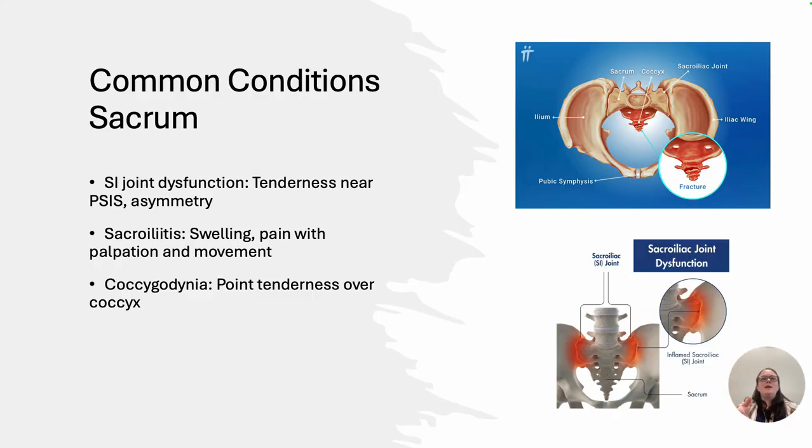A lot of times SI joint dysfunction also goes along with a pelvic tilt, either bilateral or unilateral, maybe something called an upslip, which is also an elevated hip. Two terms that mean basically the same thing. So the SI joint dysfunction is hard to treat. Sacroiliitis. So this would be swelling or pain with palpation and movements at the sacrum. Does that make sense? Itis, sacral. Okay.